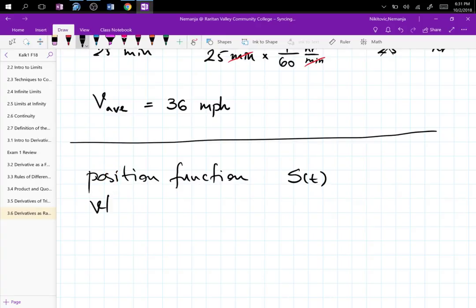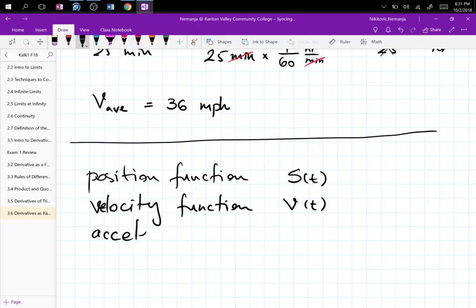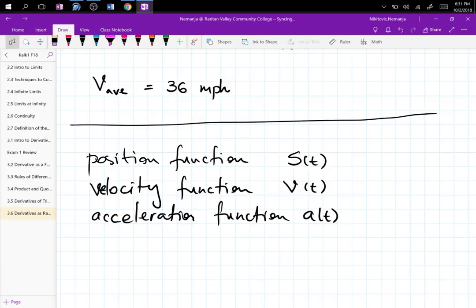Then we have the velocity function, which is v of t, and then the acceleration function, a of t. This is generally what we use. Now I will add also jerk, which is j of t, because that's something that you can also experience in your car.